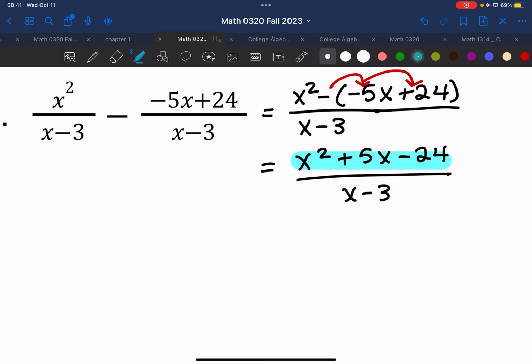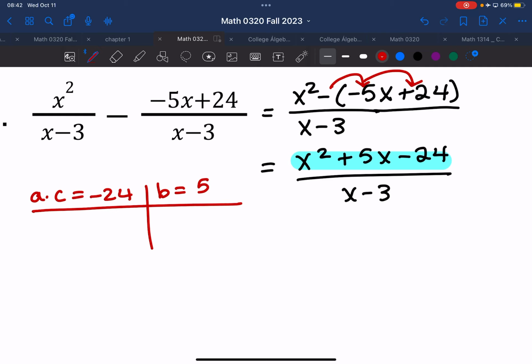So we're going to factor that using which method? AC method. So we have a times c, which is what? Negative 24. And our b value is 5. So what would be two factors that multiply to negative 24 but add to 5?